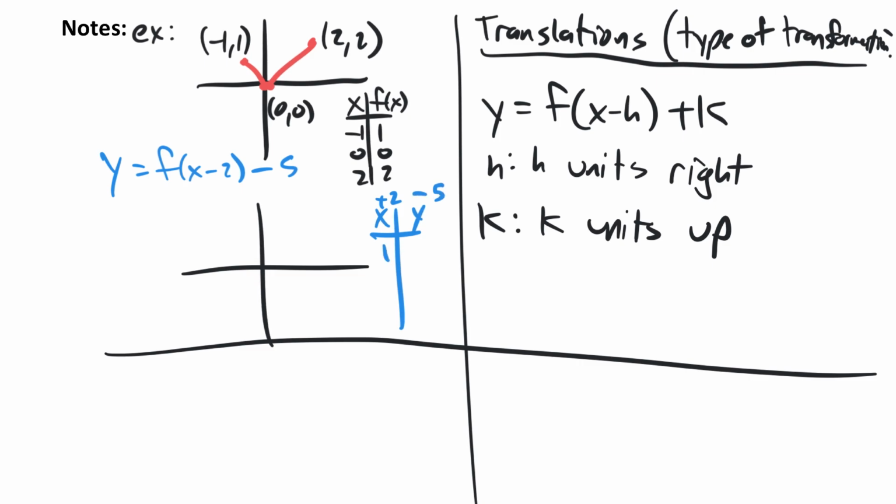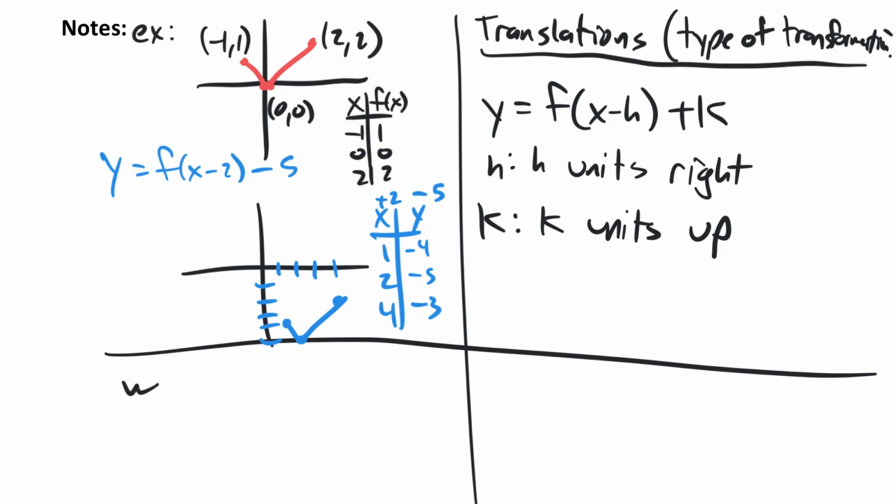So the x values become 1, 2, and 4, and the y values become -4, -5, -3. So on our graph, 1 and -4, 2 and -5, 4 and -3. There's our graph, and we can see it's clearly been moved to the right and down.